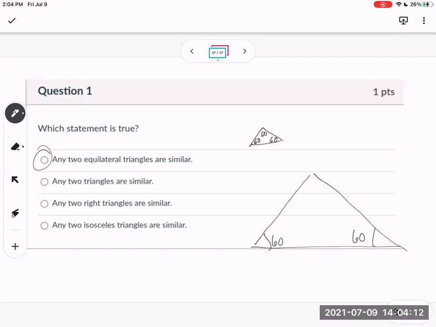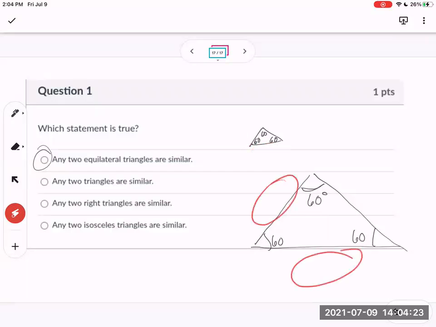But it's a similar, I'm not going to say the same, it's a similar triangle because the ratio of side lengths, this side to this side, is the same as this to this. The ratios of side lengths are the same in similar triangles, which means they are proportionate. That's what it means to be proportionate.